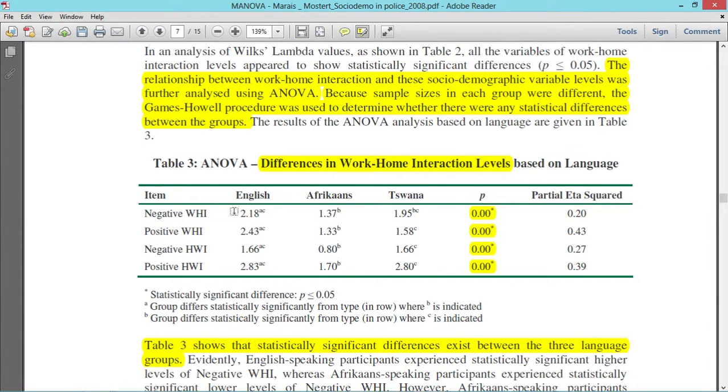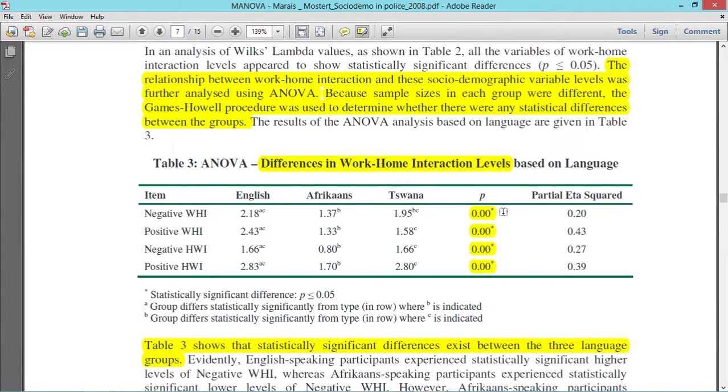And at the top, these refer to the language groups that were involved in our study. This p-value suggests a significant difference, and when I say significant, I'm just referring to statistically significant, because I don't want to repeat the long term each time. So whenever I say significant in this video, I'm referring to statistically significant.